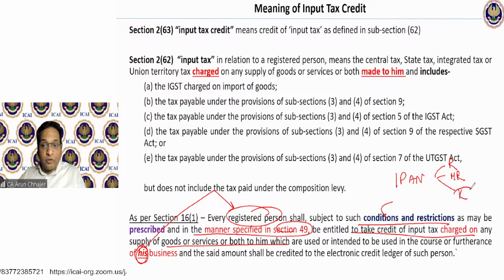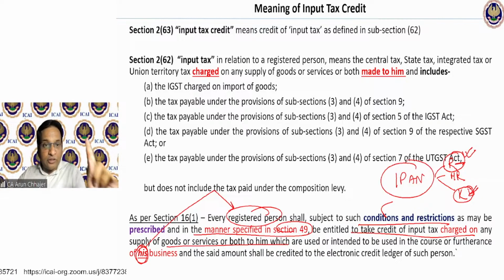Then the person registered in Karnataka cannot take the ITC for the course or furtherance of business of Rajasthan. If there is any invoice related to the Rajasthan business, then Karnataka cannot take the ITC, because even though they have one PAN, in GST we know that every registered person would be a separate person.